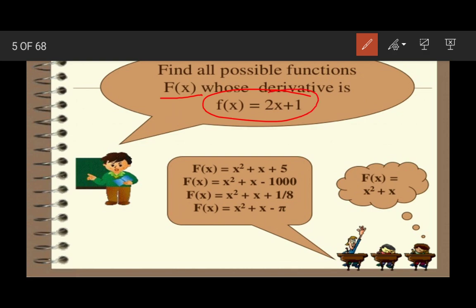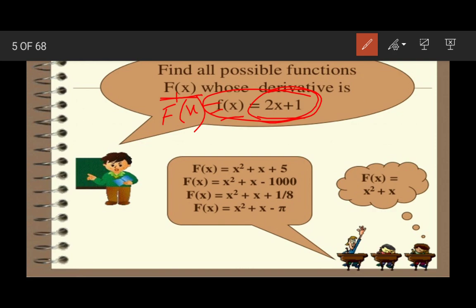Basically here F dash x is given, right? F dash x, that is small f(x), is equal to 2x plus 1. Here the derivative is given and I am interested in finding F of x.